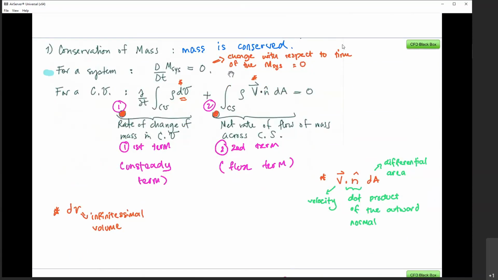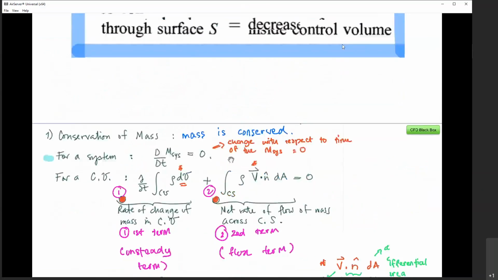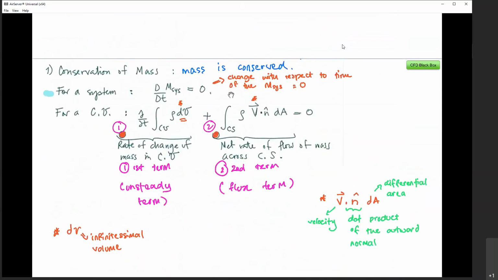And for a control volume, it can be written as the following: the partial derivative d over dt of the integral over the control volume of rho dV, plus the integral over the control surface of rho V dot n dA. Integration is basically the summation over the whole control volume. Rho dV, remember, is the mass.